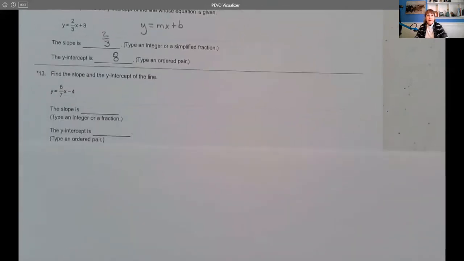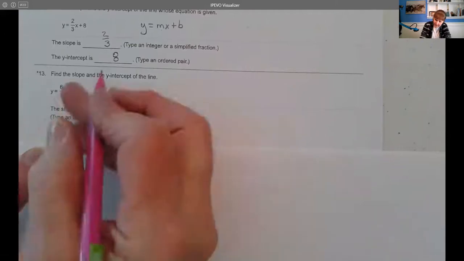Okay, let's look at another one. 13. Find the slope and the y-intercept. And again, the y is by itself, which is more than half the battle. So once the y is by itself, then the slope is the number in front of the x. Now, if there isn't a number in front of the x, and you do have an x, it'll be a 1. So here the slope is 6/7.